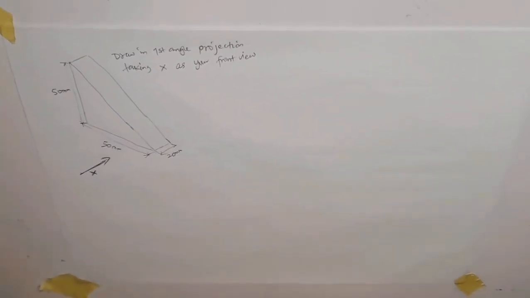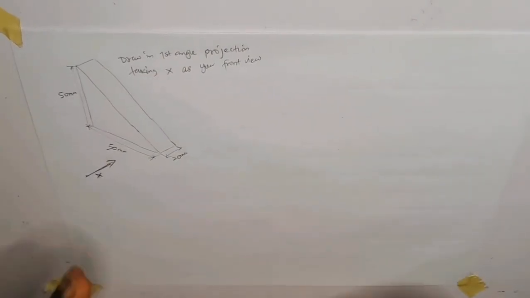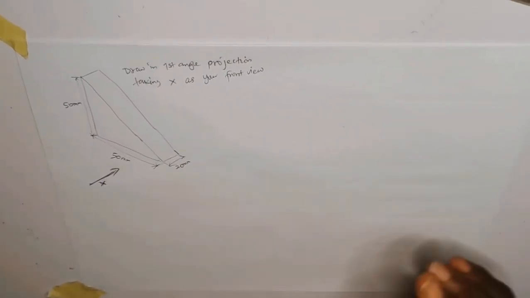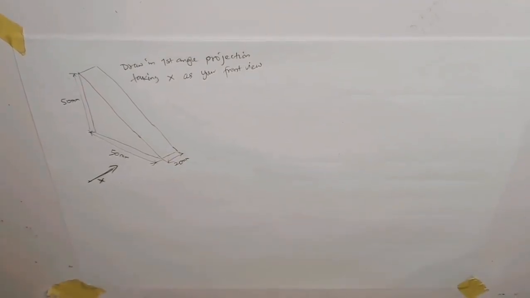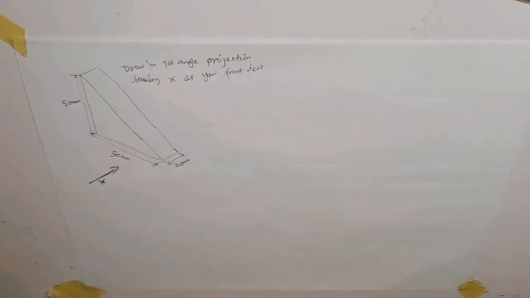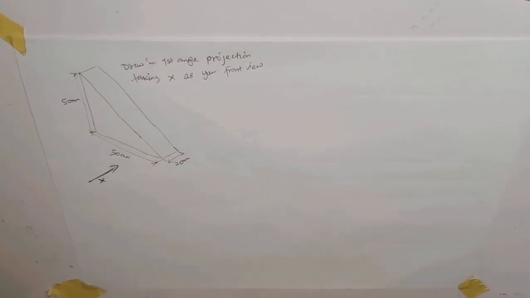I also gave you an example of how the symbol of the first angle projection looks like, just in case you're given a question and they didn't indicate the angle. Once you see the symbol, you should know that it is indicating the first angle orthographic projection.